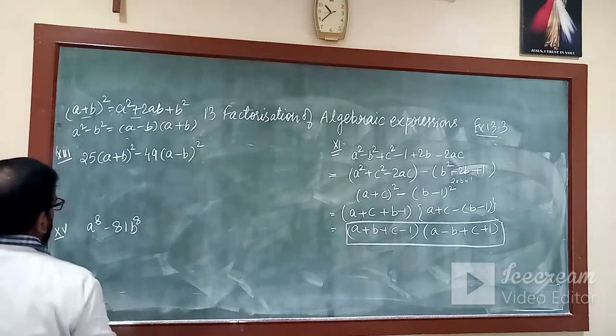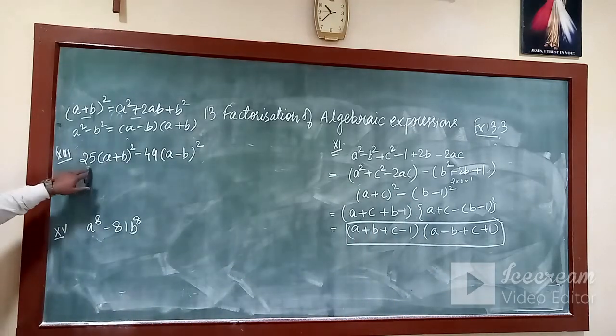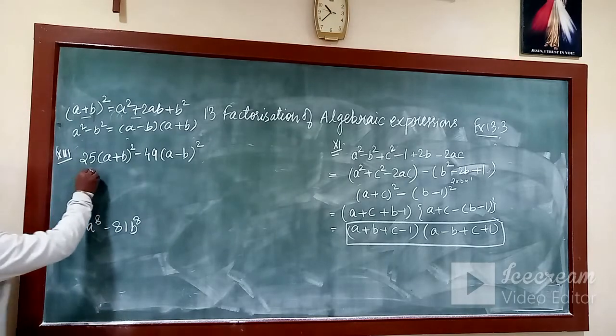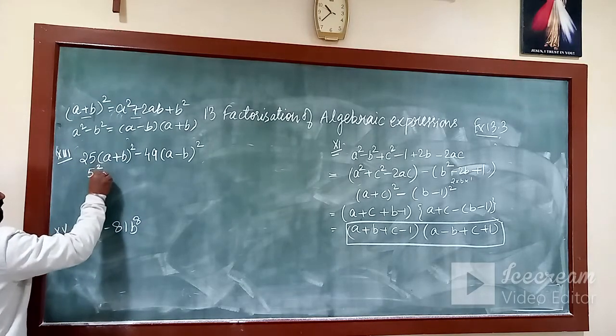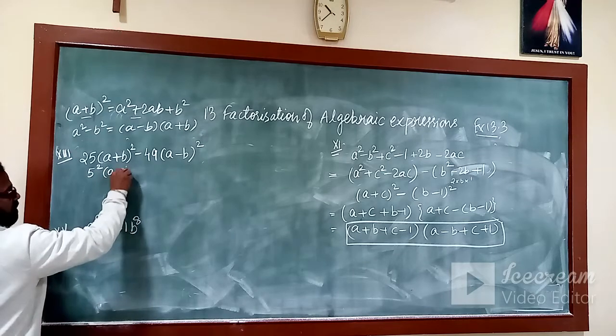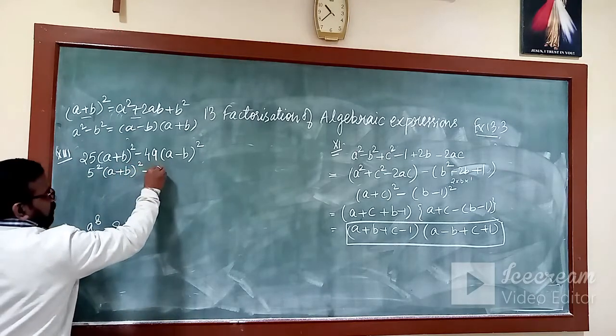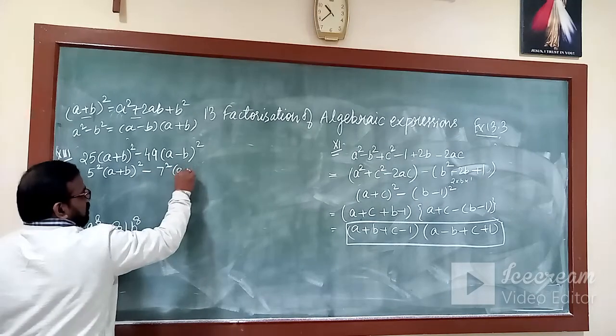Okay, in this question, see this is 25, which I can write as 5 square. This is 49, 7 square.